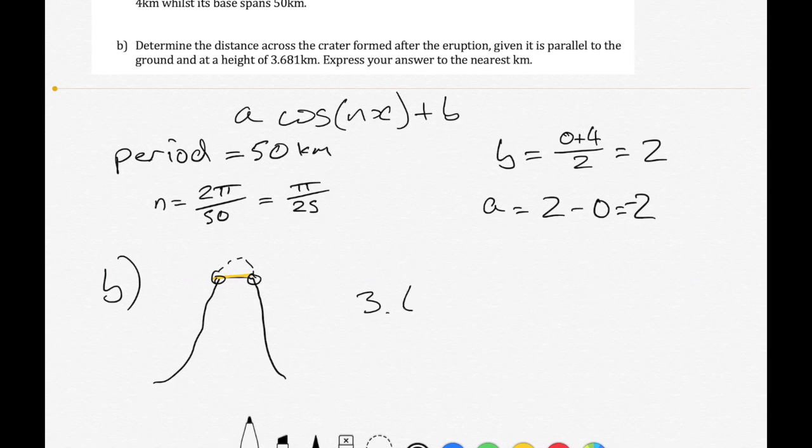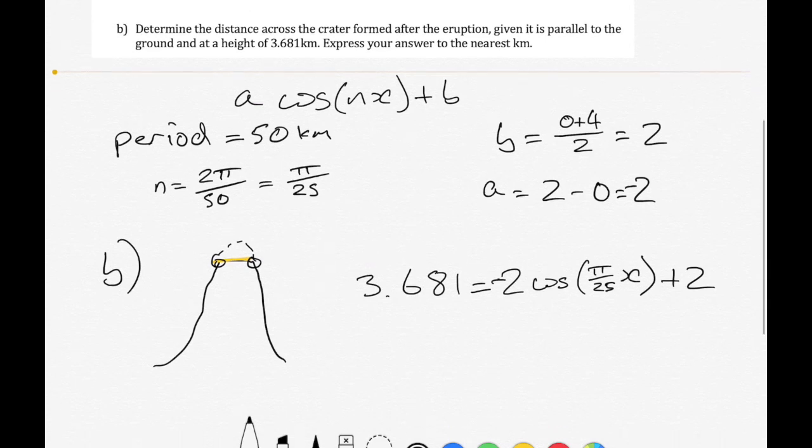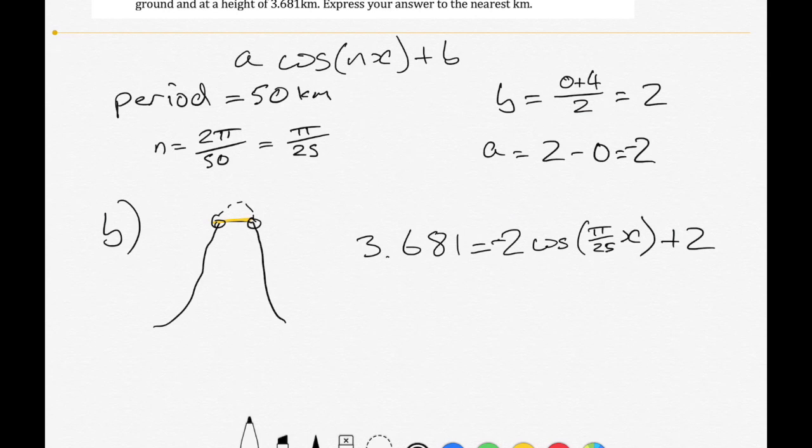We're trying to find where our y value, 3.681, is equal to our equation that we found, negative 2 cos of pi on 25 x plus 2. Typing that into my calculator. Remember that every time you are solving something with a calculator, you should at least show enough working out to show what you've solved.